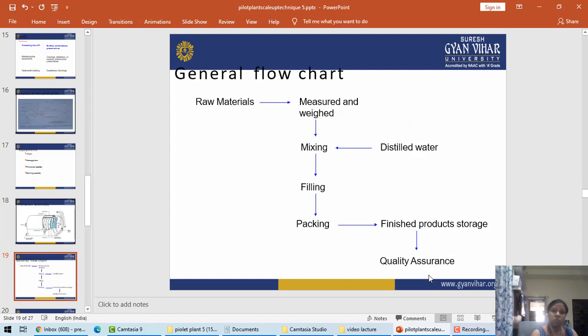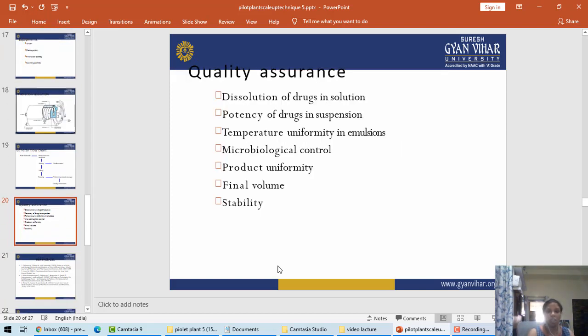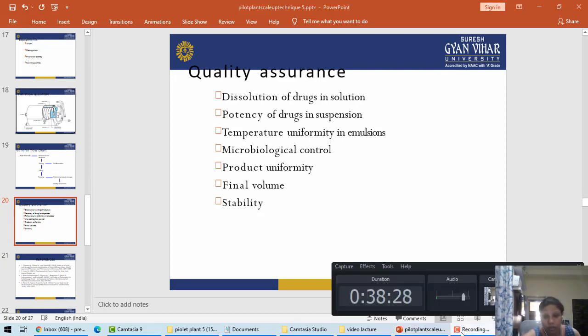Then a general flow chart of the formulation we have discussed. Here also I have told you the steps: raw material measuring and weighing, then mixing with distilled water, then the filtration part, then filling, packaging, and then finished product, storage and quality assurance. We have also discussed in detail the quality assurance related to the formulations.